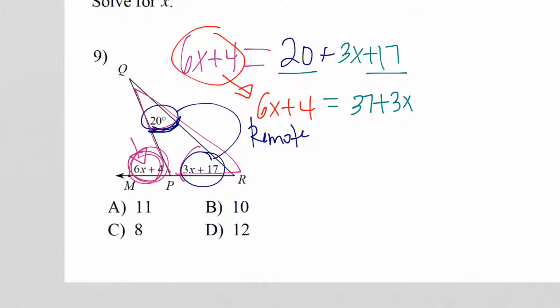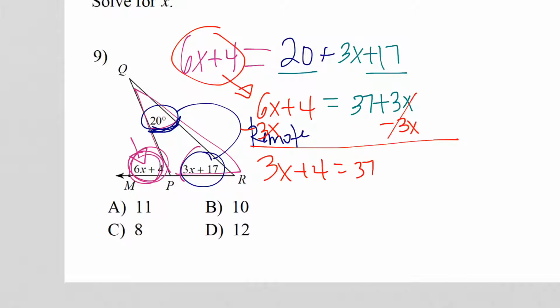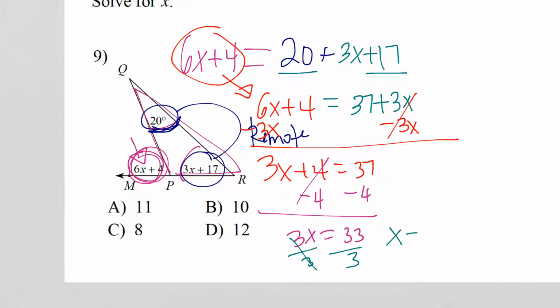And then I want to solve for x, so I'm going to subtract 3x from both sides of my equation. So I'm going to get 3x plus 4 is equal to 37. Then I'm going to subtract 4 from both sides of my equation. So I'll get 33. Use division property of equality to isolate the variable, and I end up getting 11.